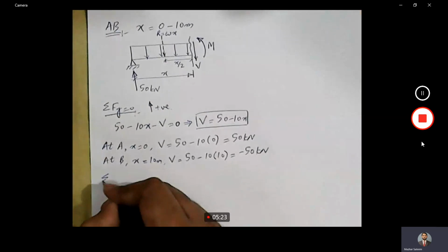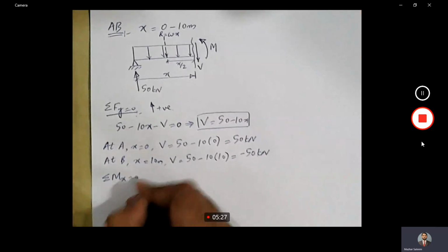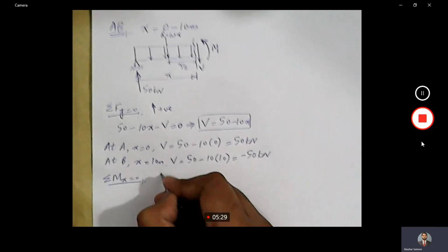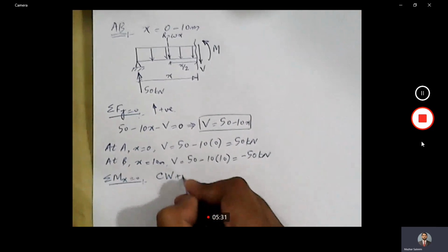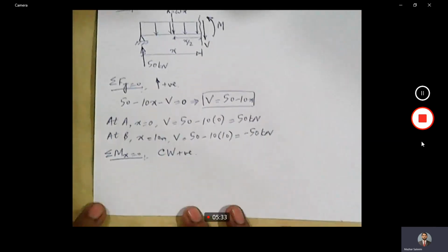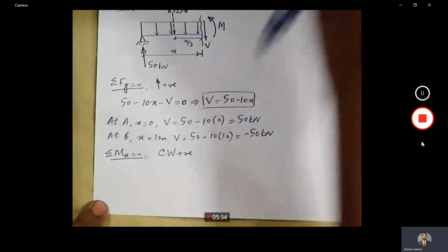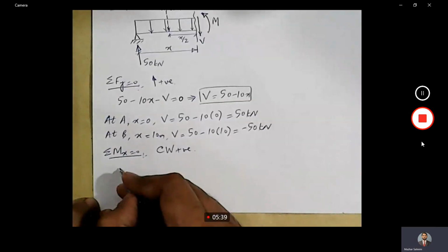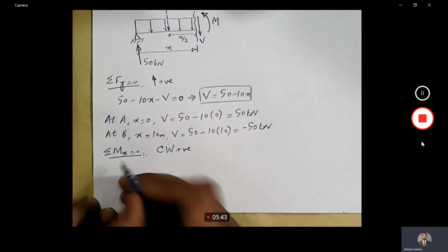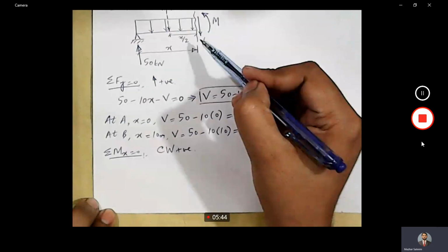This is for shear. Now let's move to bending moment. Sigma mx equal to 0. Convention is clockwise positive. Let's apply sigma mx equal to 0. So about this section, this 50 kilonewton will produce movement in clockwise direction.